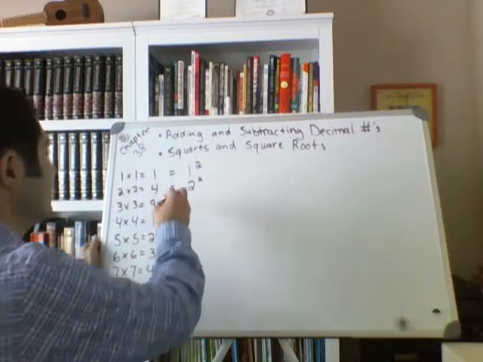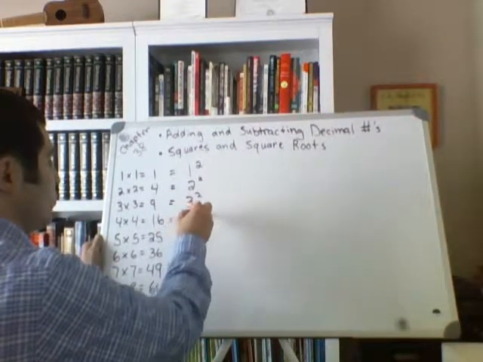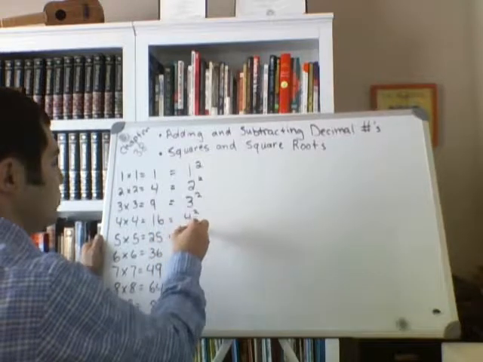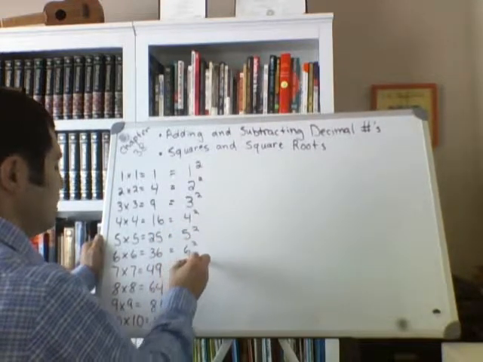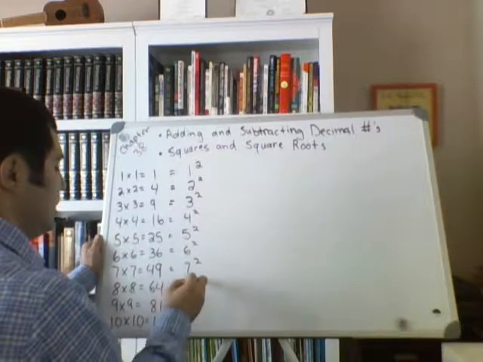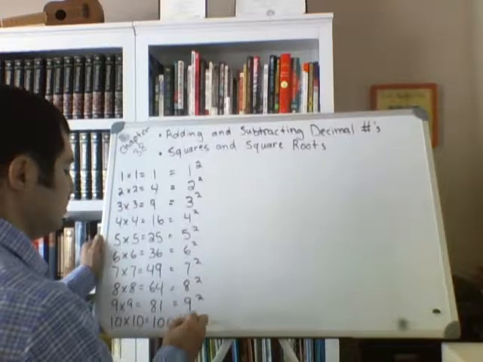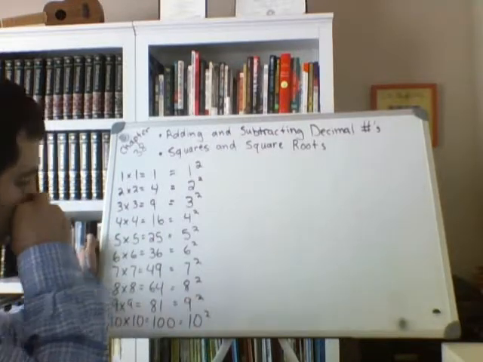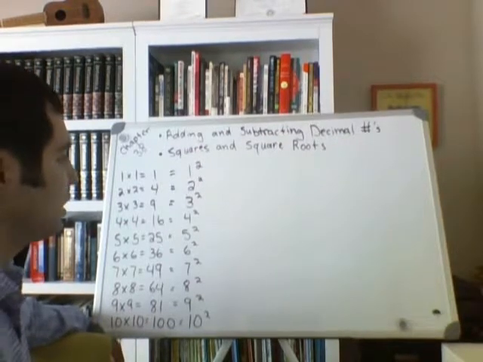This one is going to be 3 squared, 4 squared, 5 squared, 6 squared, 7 squared, 8 squared, 9 squared, 10 squared. Alright, so these are all perfect squares.